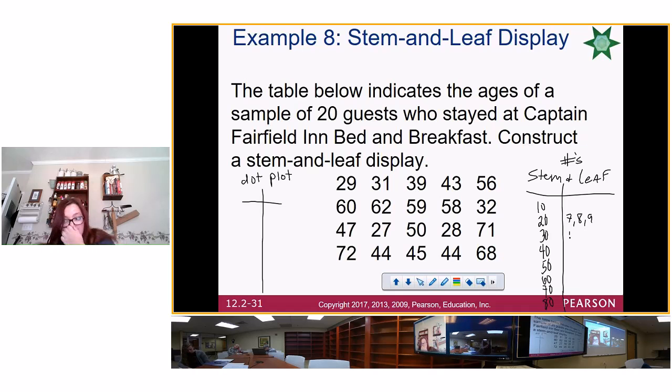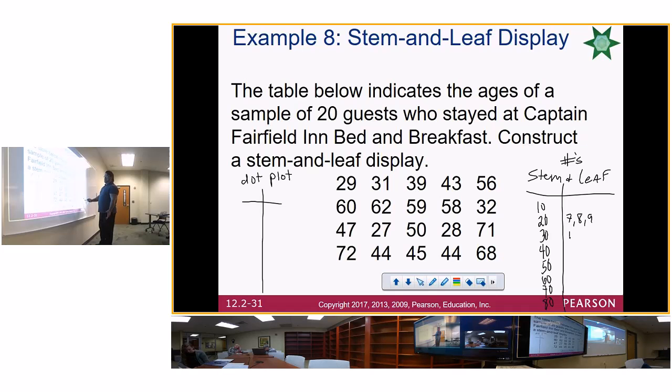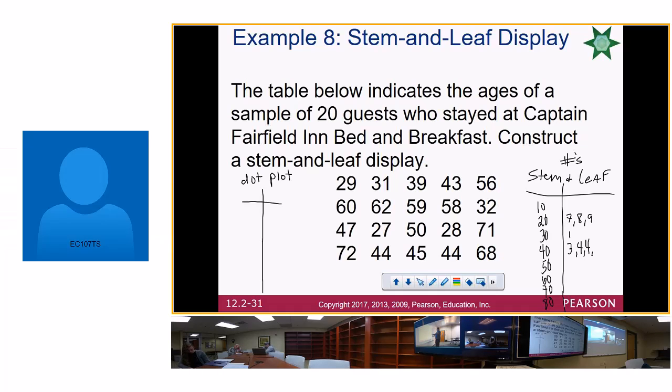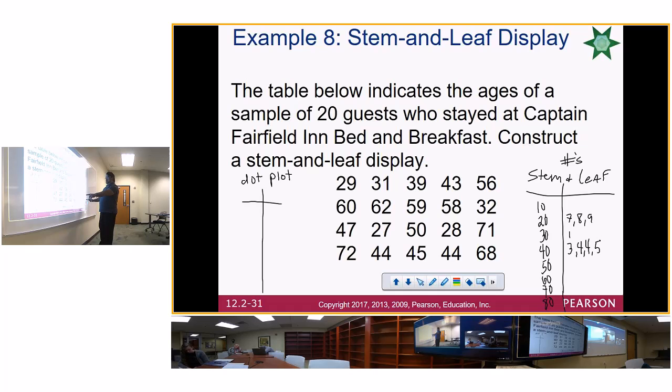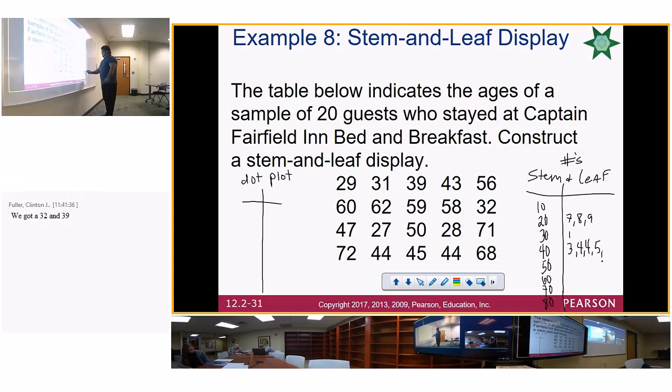How many 30s do we have? We have a 31. Anything else? How many 40s do we have? 43, 2 44s. What else? I think there's a 45, a 47.